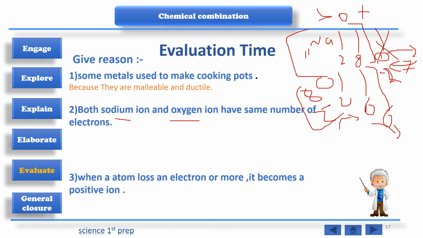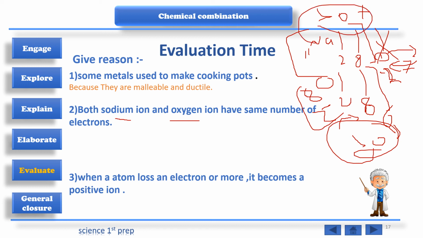When it takes 2 electrons, 2 plus 6 will be 8, to complete the outermost energy level. So the number of electrons will be 10. Here 10 electrons, here 10 electrons.